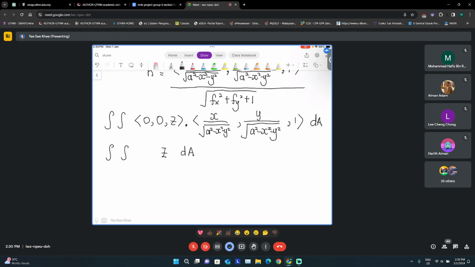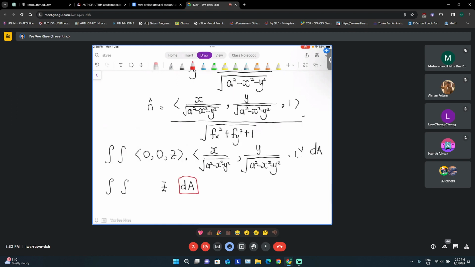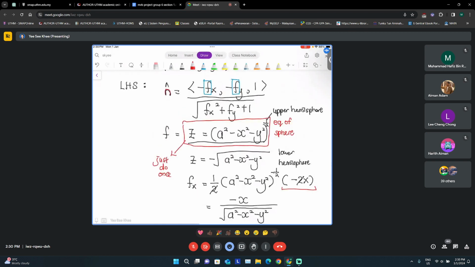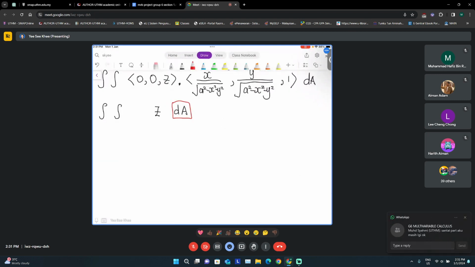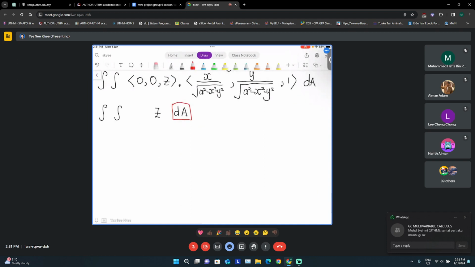Now we need to define what should be our dA. We are actually doing the flux for the upper hemisphere. Let me draw it.